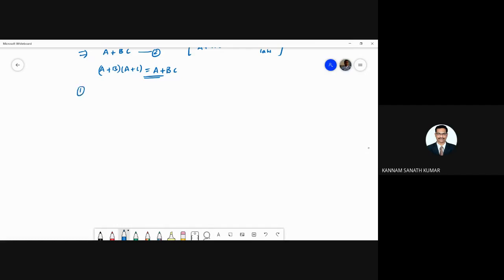First problem: reduce the expression f equals a into b plus c bar ab plus ac bar whole bar. This you need to simplify.